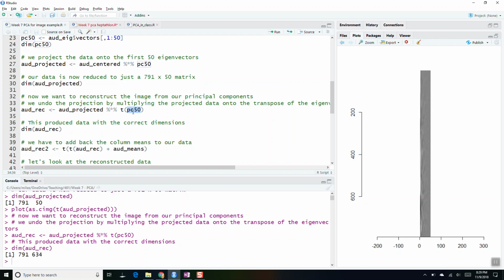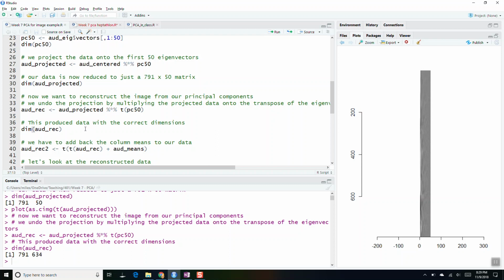And then we would also need to add back the column means. So there are 3 pieces, but together they are a lot smaller than the original data. The original data was 791 by 634. This one is 791 by 50. This one is 50 by 634. And the last one is just a vector of 634. So the total amount of data is a lot smaller here.